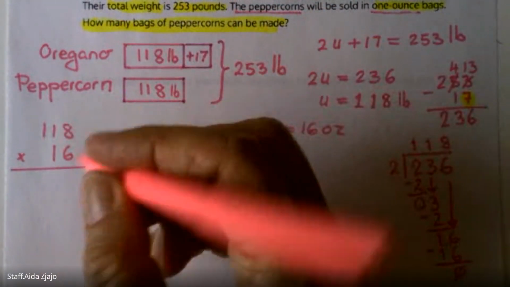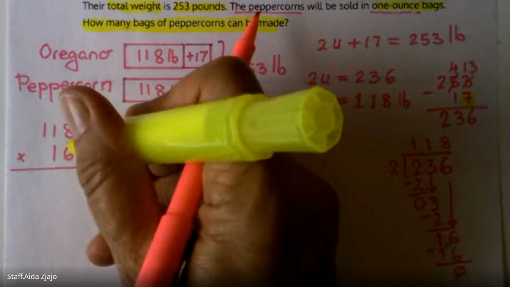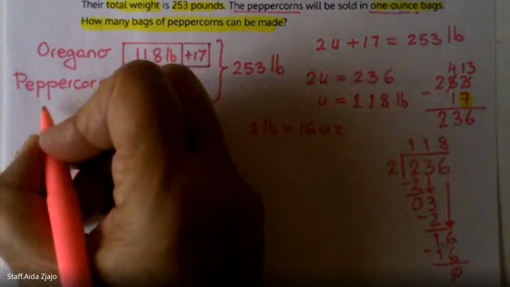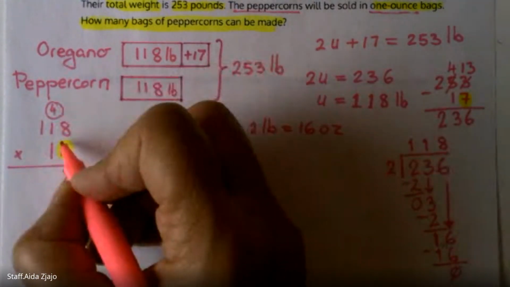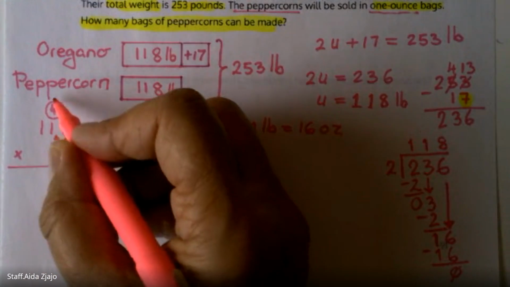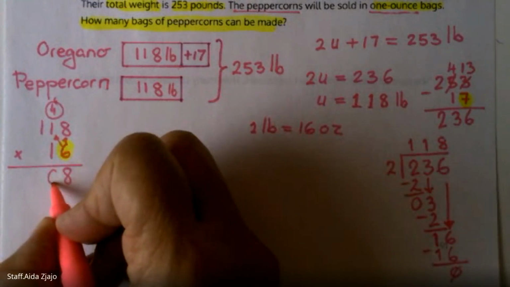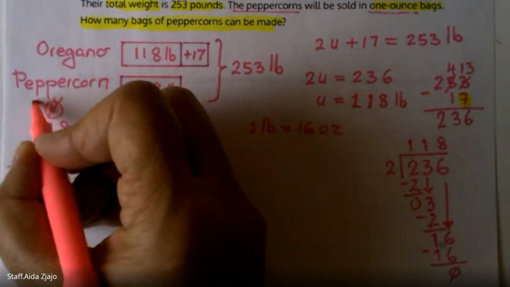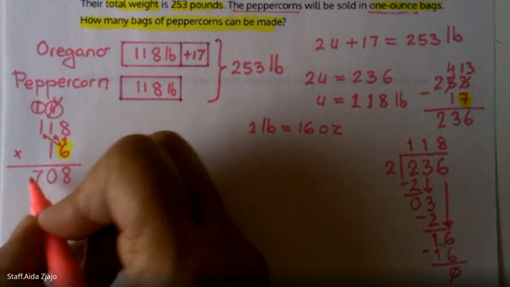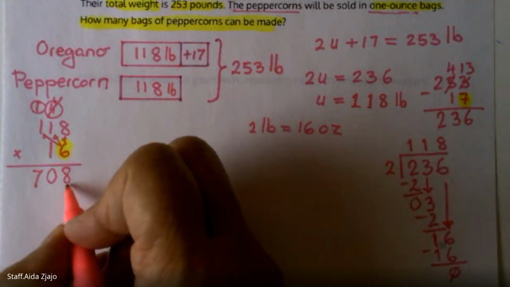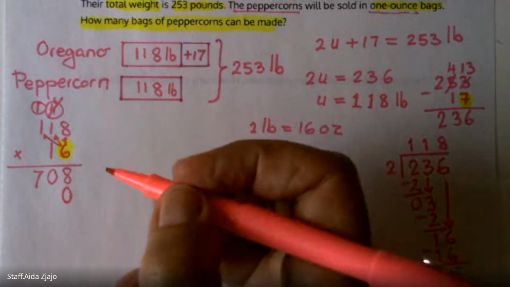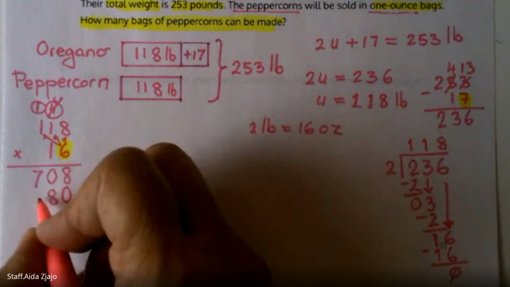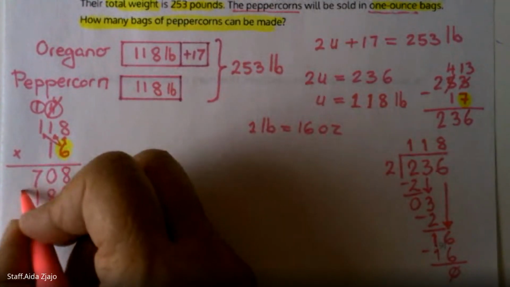So we can do the standard algorithm. 6 times 8 is 48. 8, remember 4. 6 times 1 is 6, plus 4 is 10. Remember 1. 6 times 1 is 6, plus 1 is 7. We did the ones, so put 0 for the ones place. 1 times 8 is 8. 1 times 1 is 1. 1 times 1 is 1.